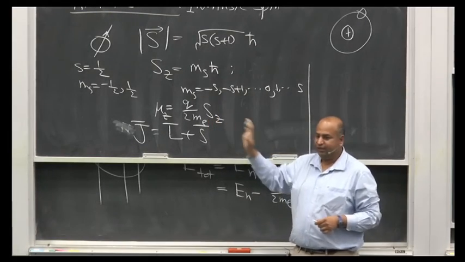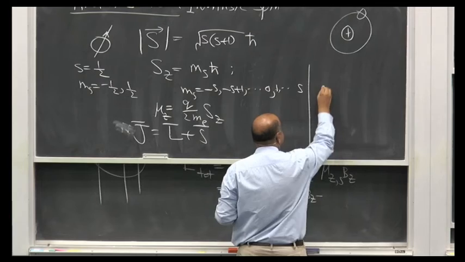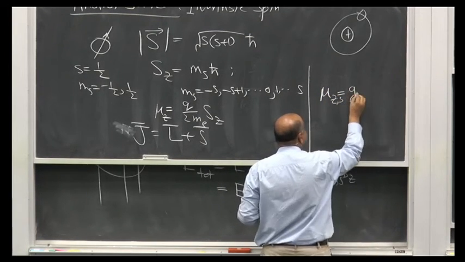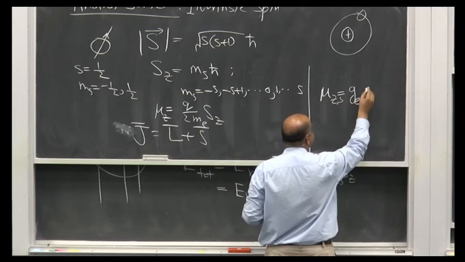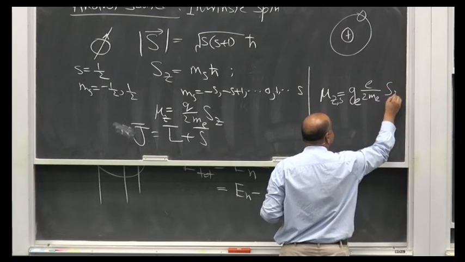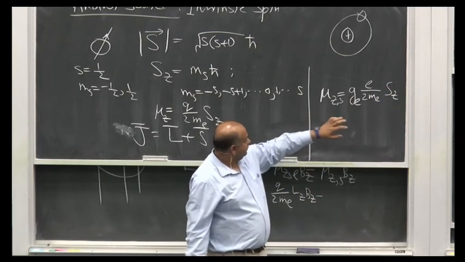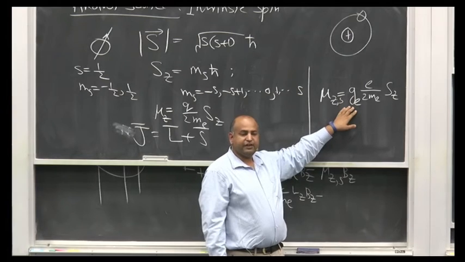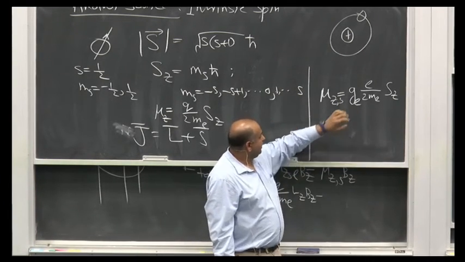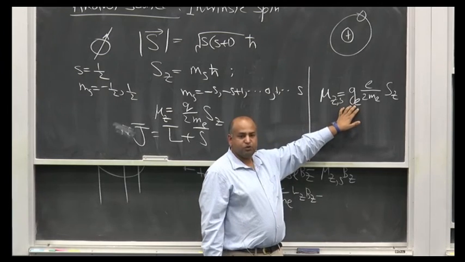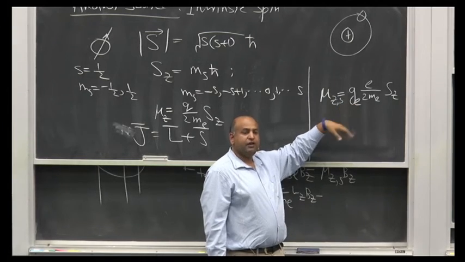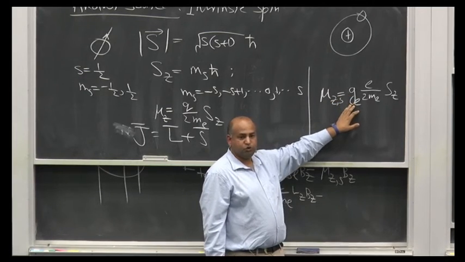But there is a similar relation, and let me simply write it. Mu z due to spin is some coefficient g e over 2me into s. And this g is called the g factor or gyromagnetic ratio. It is different for different particles. For example, for the electron its value is about 2, for the proton its value is 5 point something, for the neutron it is something else, and for different particles it has a different value.